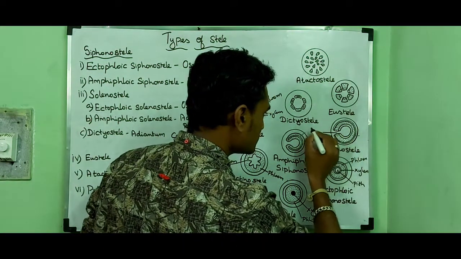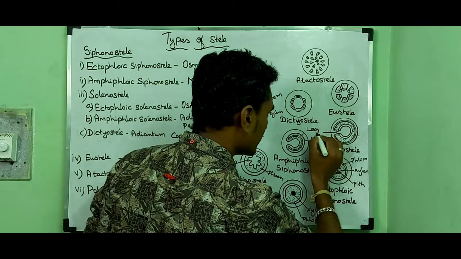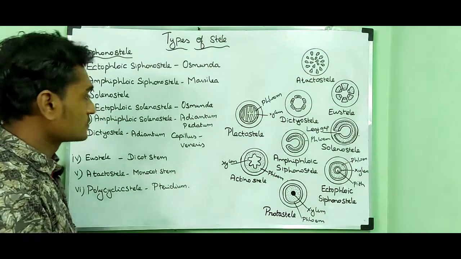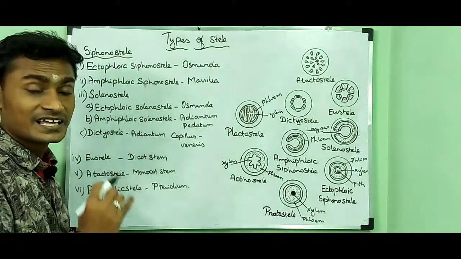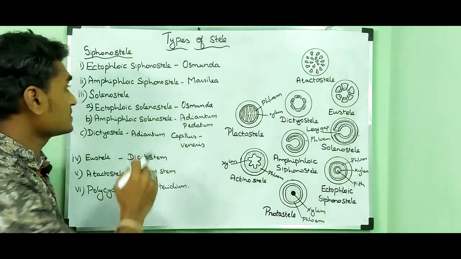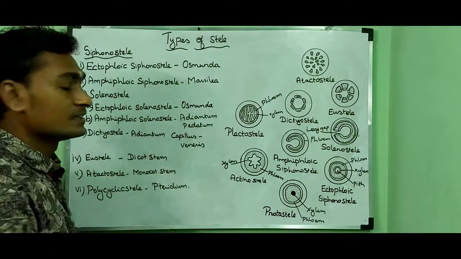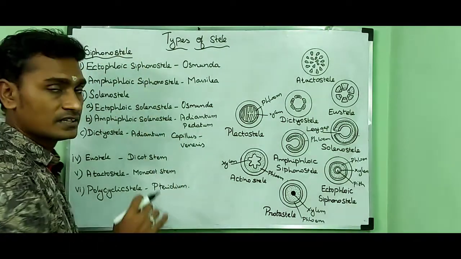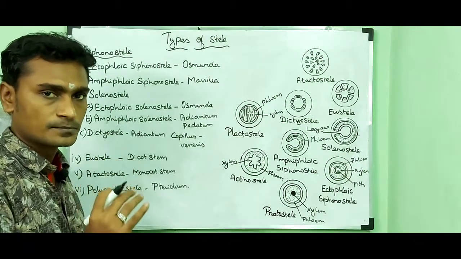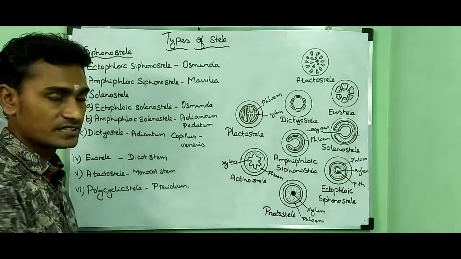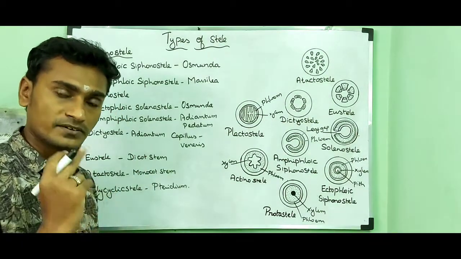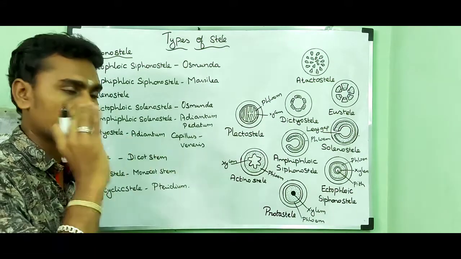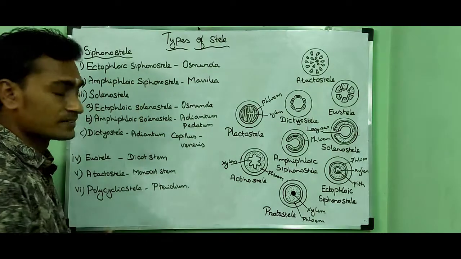This region is called leaf gap. So Solenosteel contains leaf gap, while in Ssiphonosteel, leaf gap is absent. In the case of Solenosteel, xylem is surrounded by phloem, pith at the center, and it contains leaf gap. That is why it is called Solenosteel.